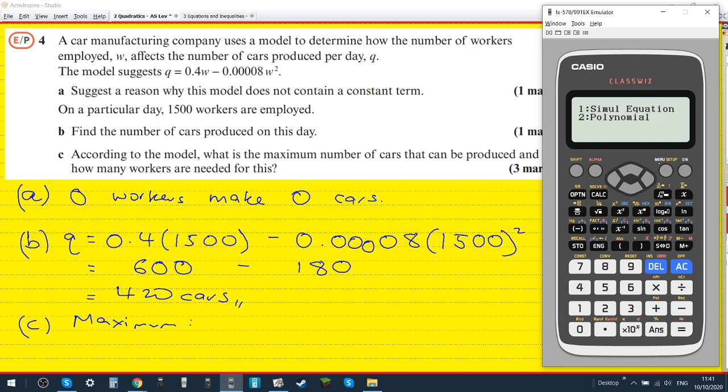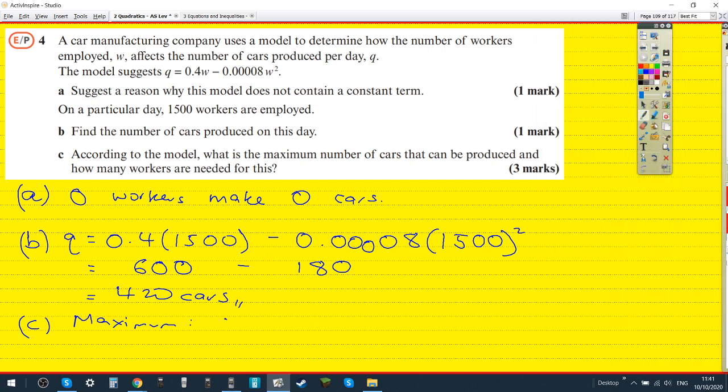So the maximum would be 2,500 cars. And they wanted the number of workers that are needed to make that many. Would that just be x1, which would be 5,000? Yes. 500 cars. 5,000 workers.